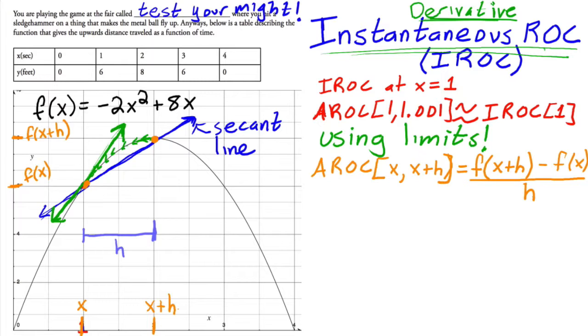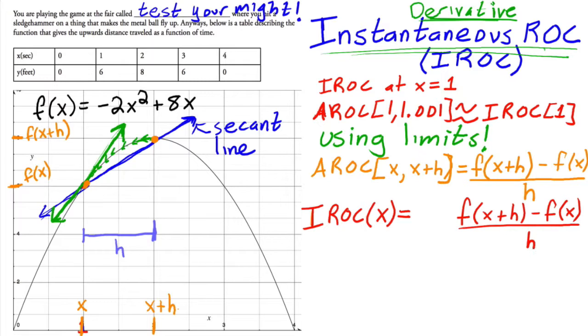Okay, now check this out. This is awesome. You ready? The instantaneous rate of change at the point x is going to equal, I'm just going to rewrite this, f of x plus h minus f of x over h.